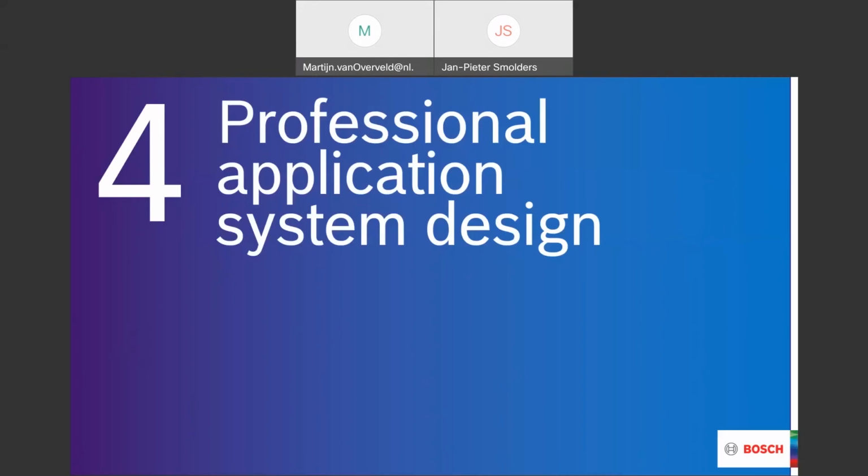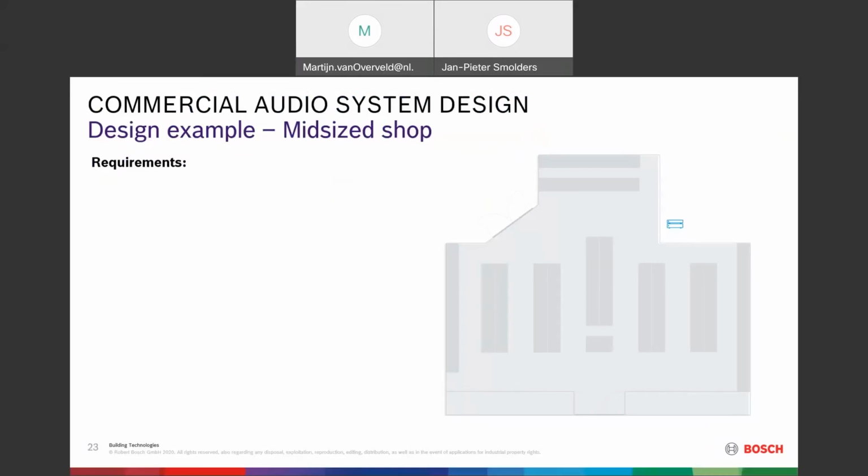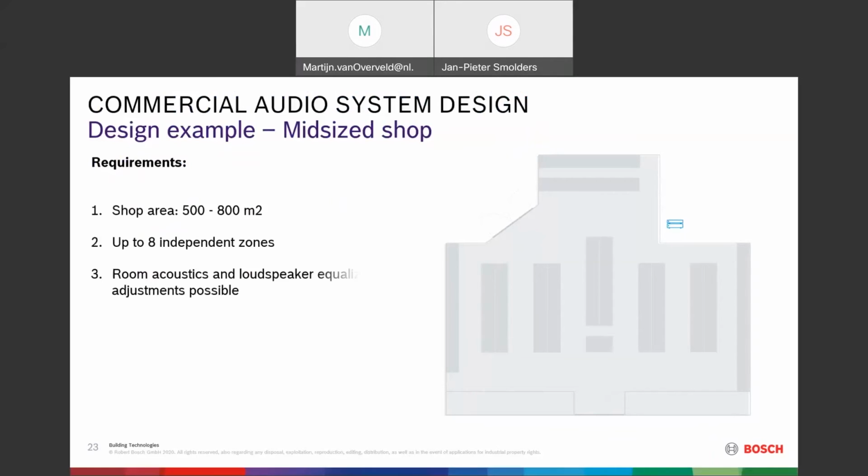Now, if we look at the system design, let's take an example of a mid-sized shop. The requirements of this shop, it's an area of 500 by 800 square meters, 8 zones, and we need to do some EQ to adjust the sound to the room acoustics.